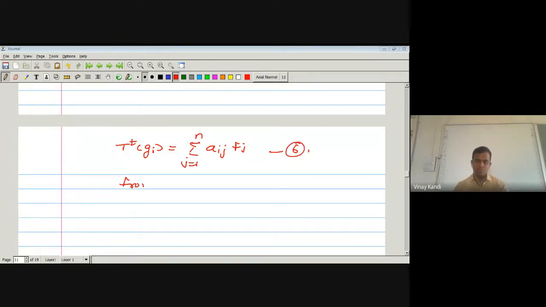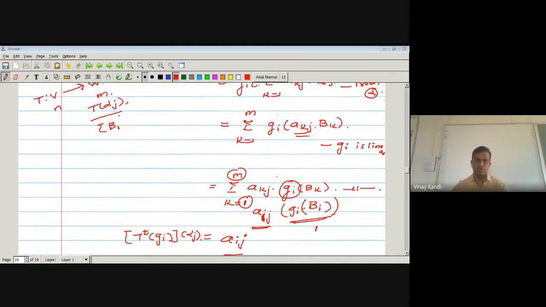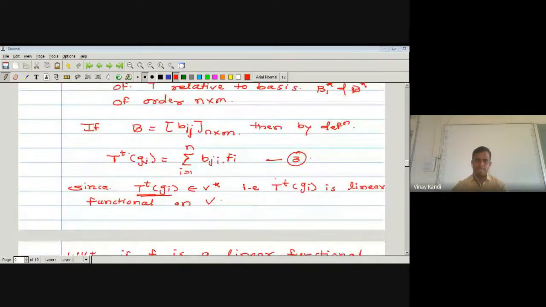From equation 3 and 6. What is equation number 3? Look at it. From equation 3, this T transpose of GI is equal to what? Summation I running from 1 to n, Bji into Fi.